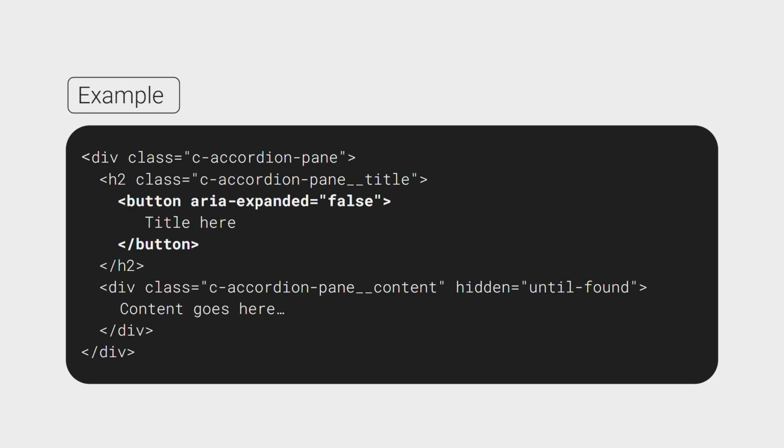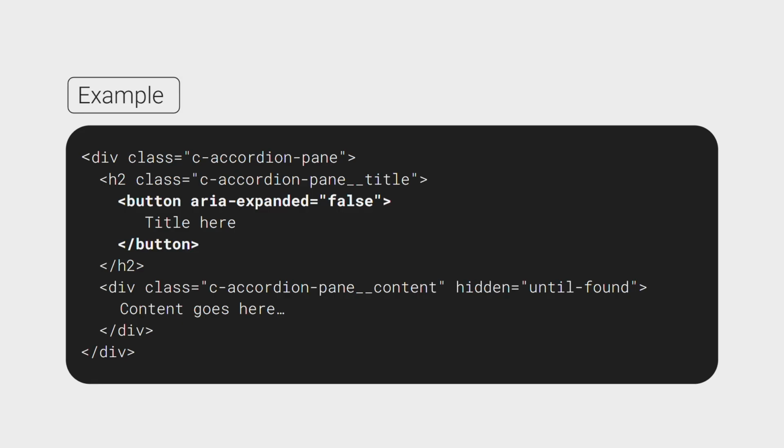We don't put it, and I've seen this done a lot, on the expandable content, on the content div. If we think it through, that thing is currently not visible, so putting expanded on that doesn't help. So ARIA expanded only goes on buttons, and that will change from true to false as the thing disappears and appears.